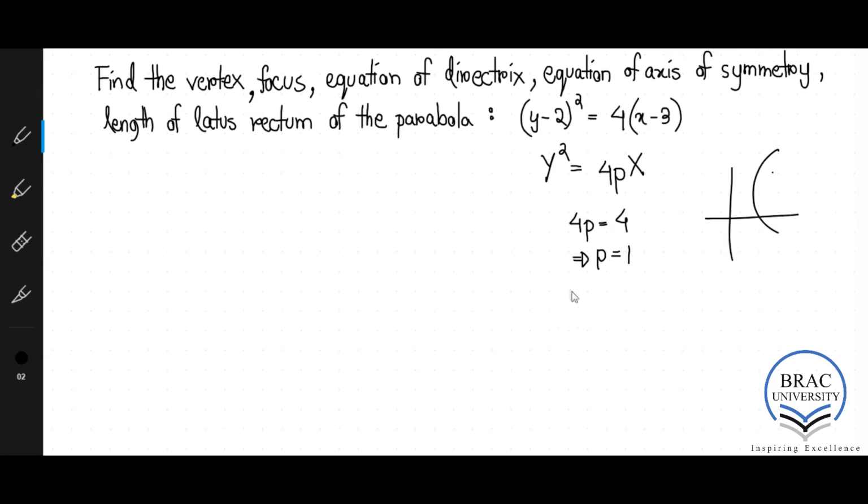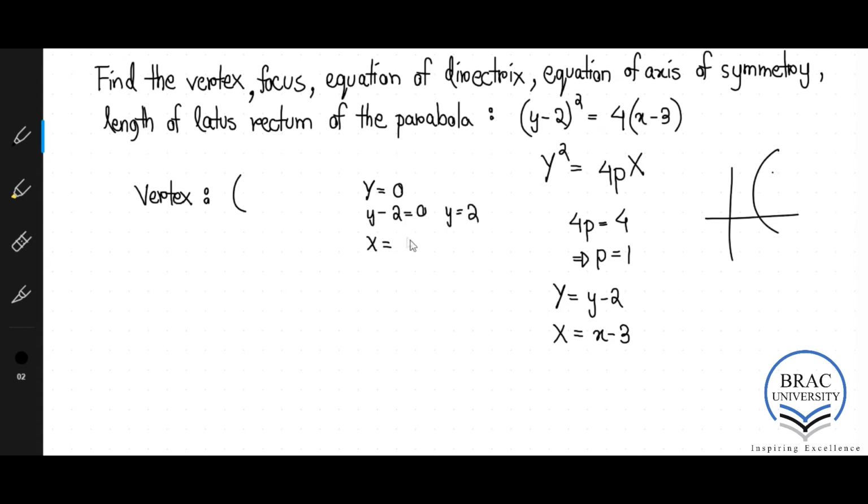It's a positively focused curve, so it should be focused like that. And I have used the idea here that uppercase Y is representing y minus 2, and uppercase X is representing x minus 3. So the vertex of this parabola, if it was centered at (0, 0), would have been (0, 0), but this is not centered at (0, 0). So how you can process this is the capital Y would have been 0, and so y minus 2 is equal to 0, so the y value we have is 2.